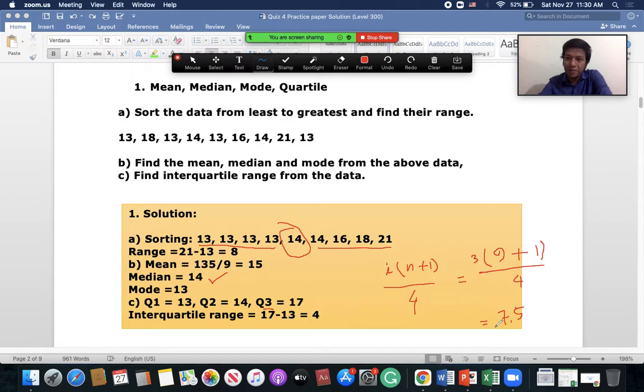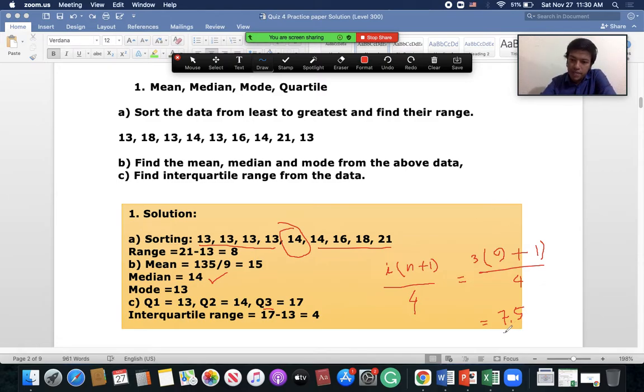Now be careful here. Don't take it as quartile 3. This is not quartile 3. This is actually telling us the position of the number which will be quartile 3. That means quartile 3 is at position 7.5, a half position. In other words, after the 7th number, in between the 7th and 8th number, we will have quartile 3.